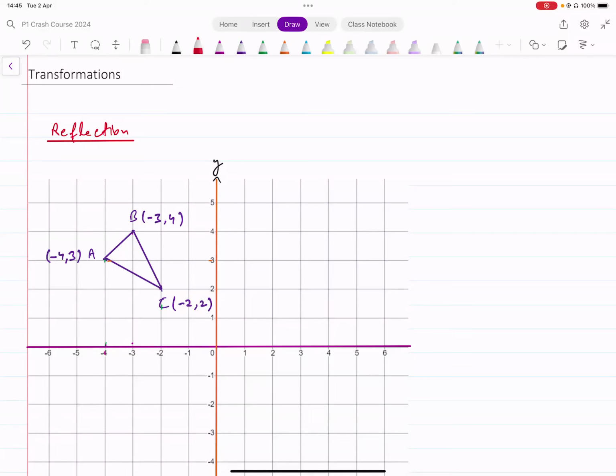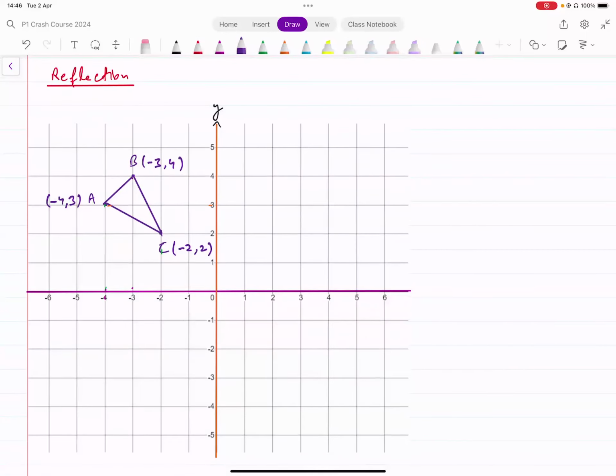As far as reflection is concerned, there are only 2 types of reflection that you need to know about in A-levels, in functions in particular. One is reflection in x-axis, and the other is reflection in y-axis. These are the only 2 transformations that you would need to know about as far as function transformations is concerned.